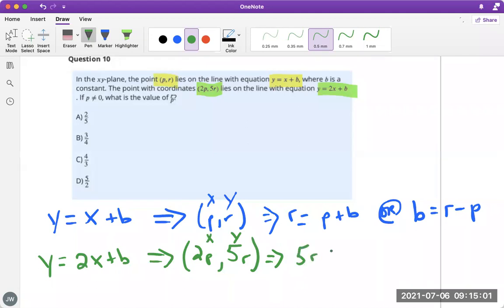So we got 5r equals 2 times x, which is 2p, plus b. Simplify that, and then let's solve for b.